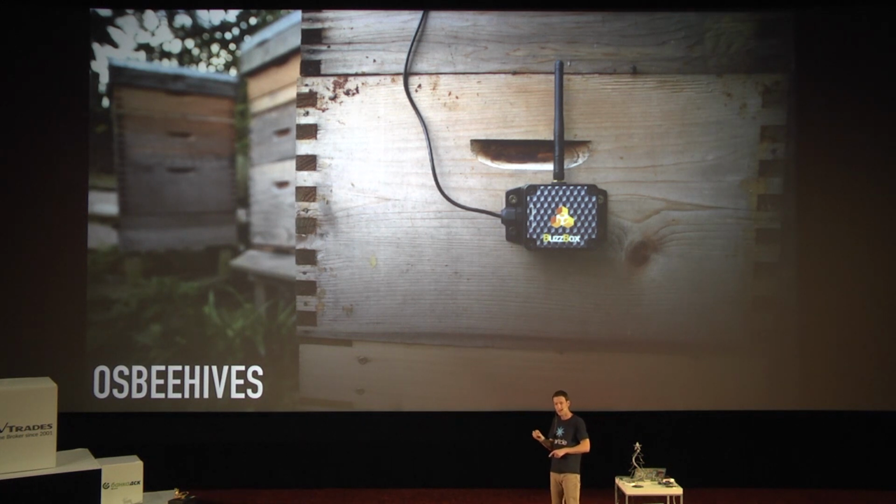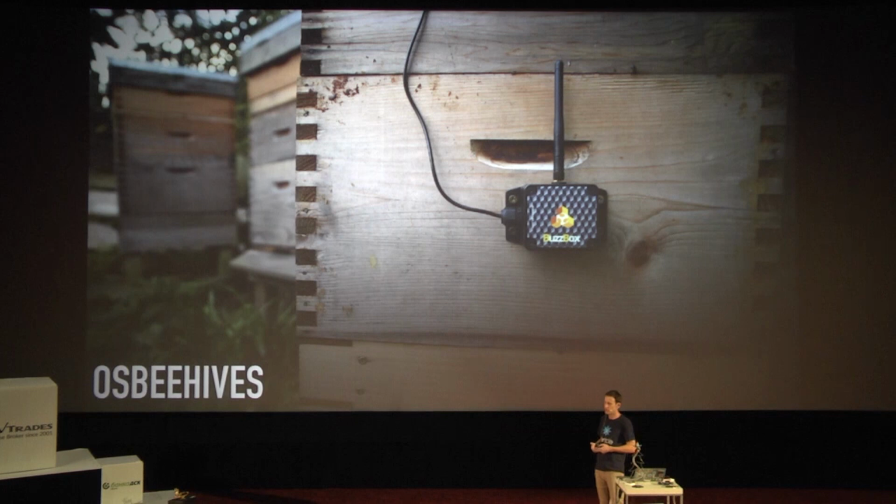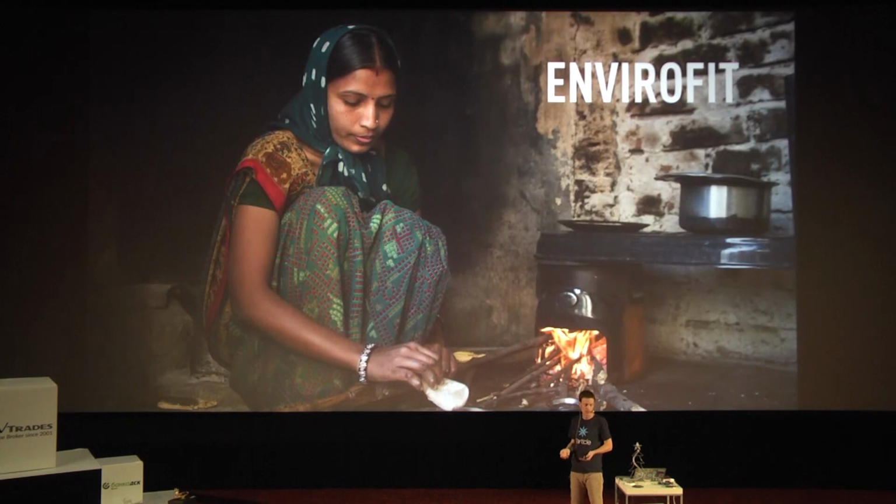And they can do that by processing the information on the sounds that they're hearing from the devices connected to the hives. And in this case, connectivity enables that OSB Hives team to analyze the data, to apply machine learning algorithms, and to obtain insights not possible today on constrained embedded devices, which gives beekeepers the ability to control and manage their hives, which is a very, very important thing.